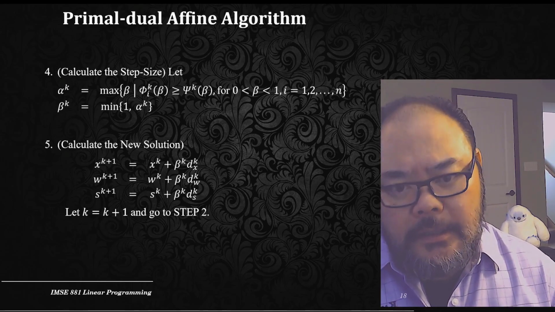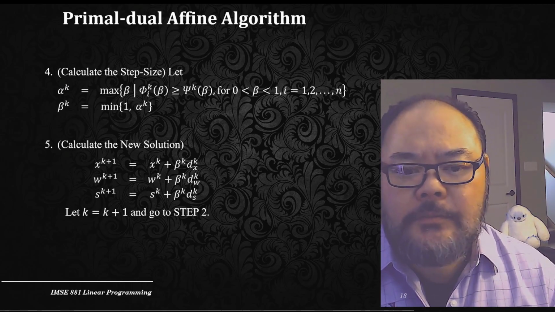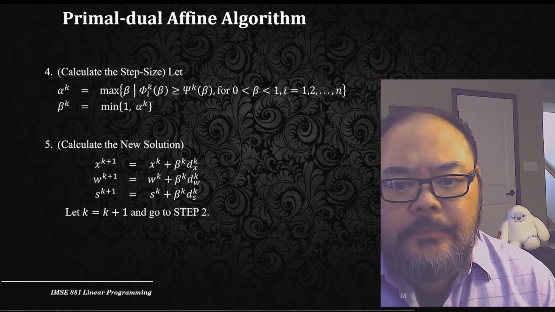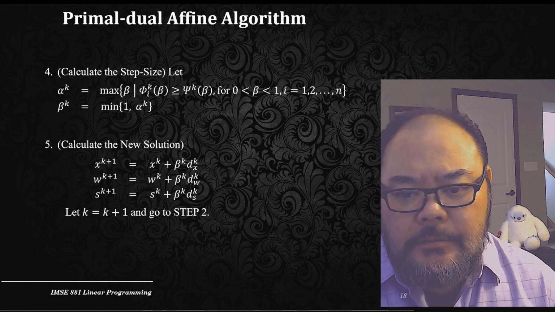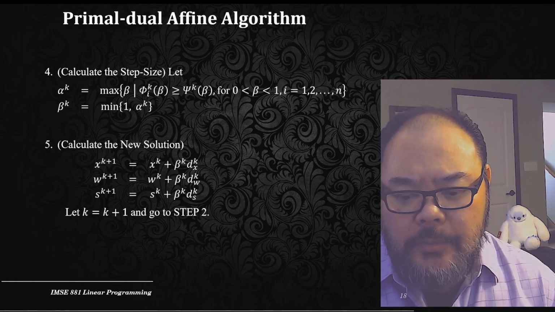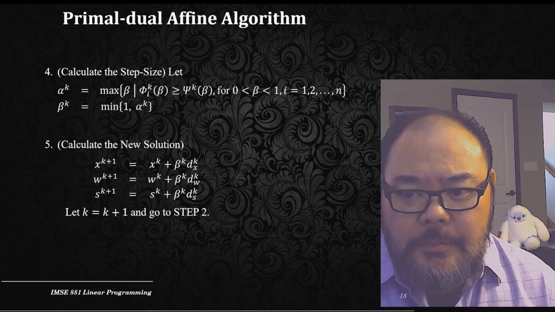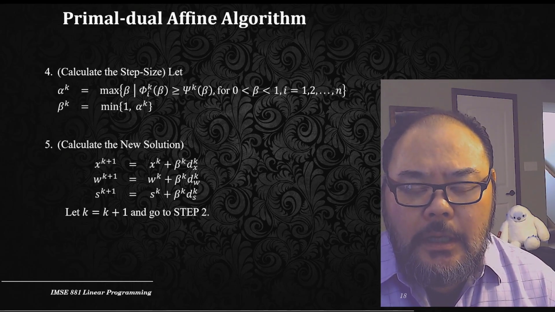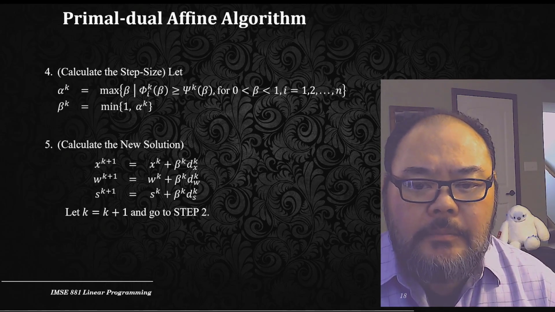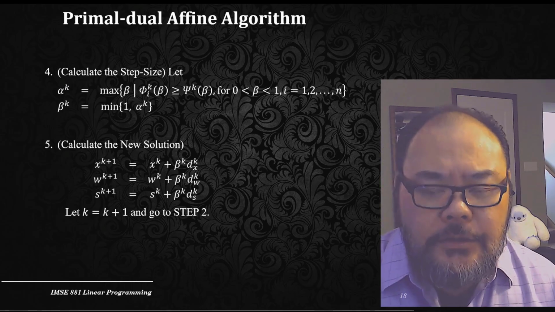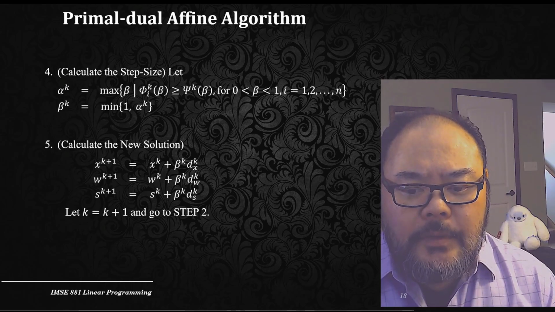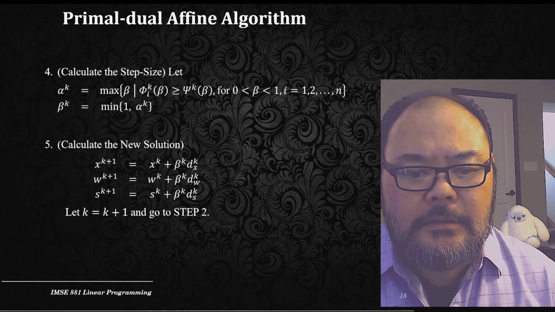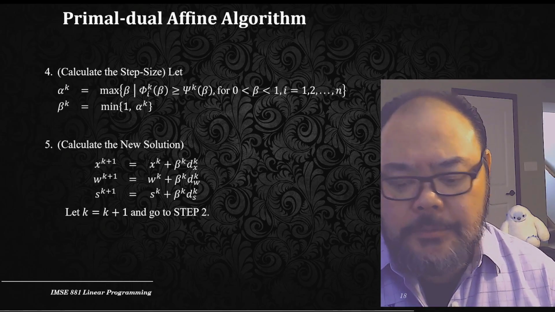Again, the KKT conditions have 3 parts for linear programming, and for nonlinear programming as well: primal feasibility, dual feasibility, and complementary slackness. This path-following method, the Primal-Dual Affine scaling method, maintains primal feasibility and dual feasibility in the beginning, and tries to reach complementary slackness, and in the end reaches optimal.